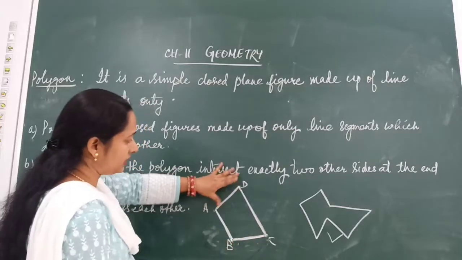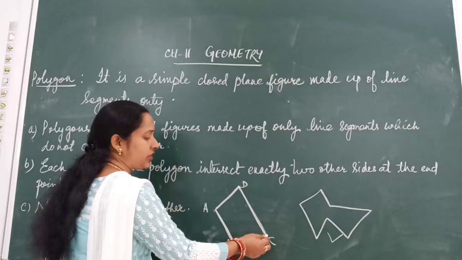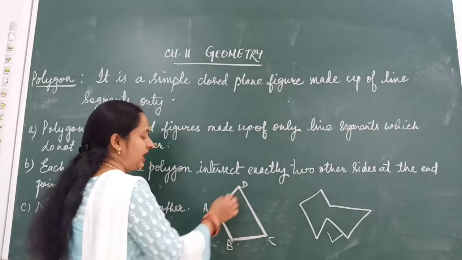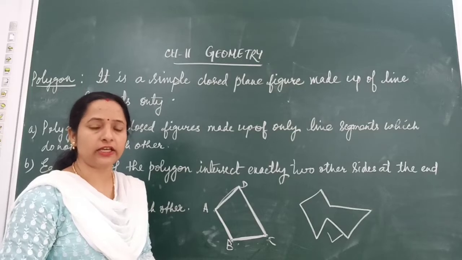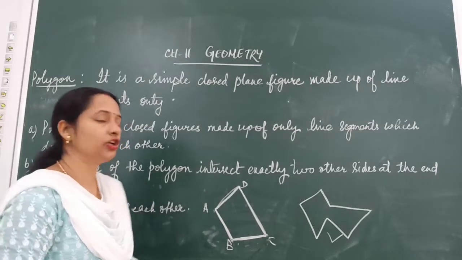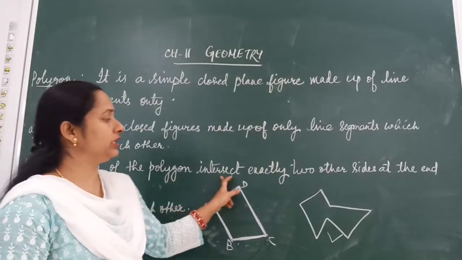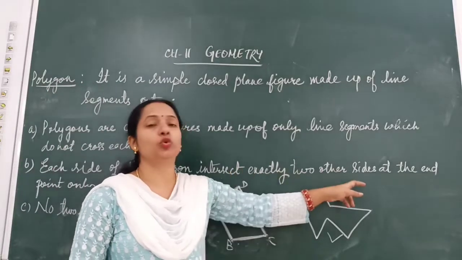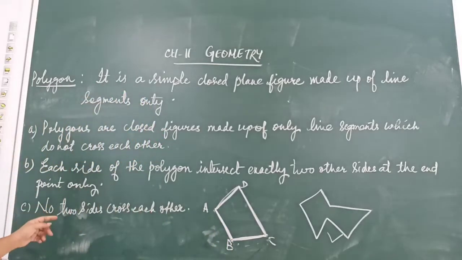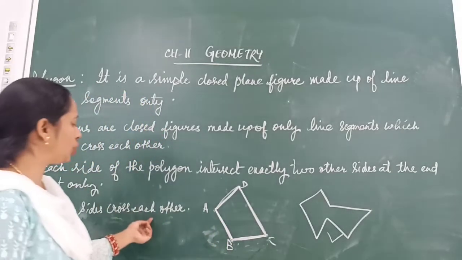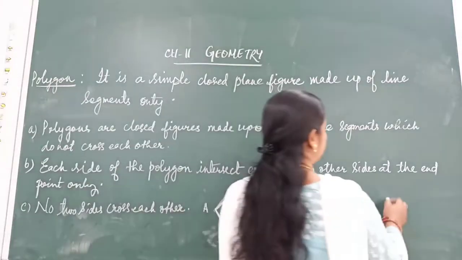Like if you take this side DC, at the end points of the side DC, BC and AD are intersecting, isn't it? So in every polygon we find that a side of the polygon intersects exactly two other sides at the end points only. Next, no two sides cross each other. Like I have shown in the figure.